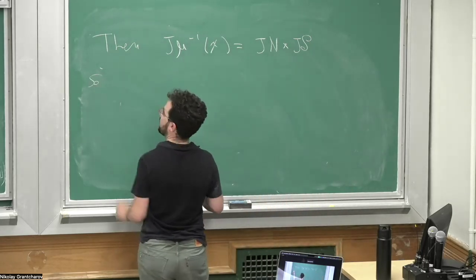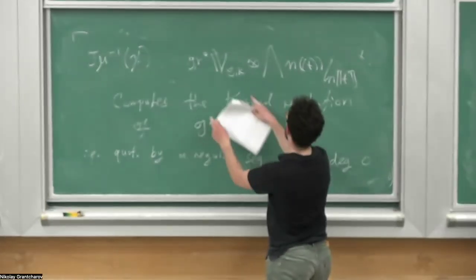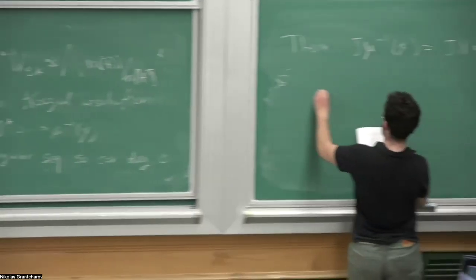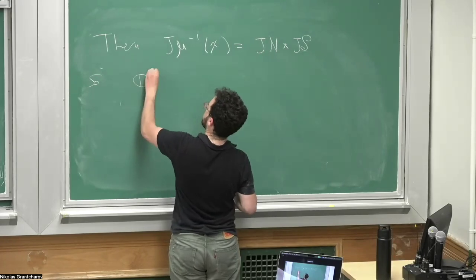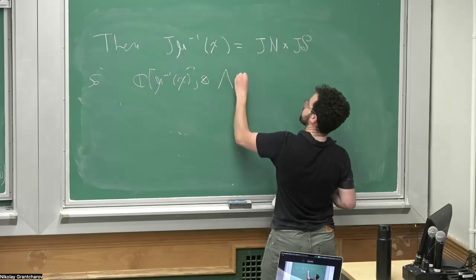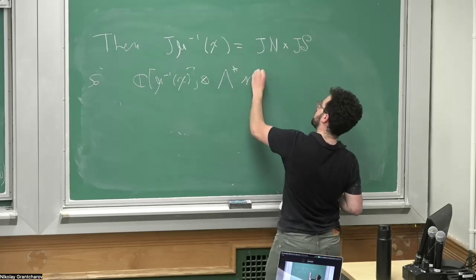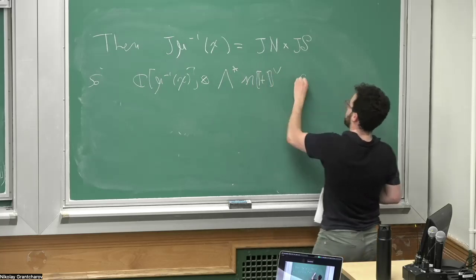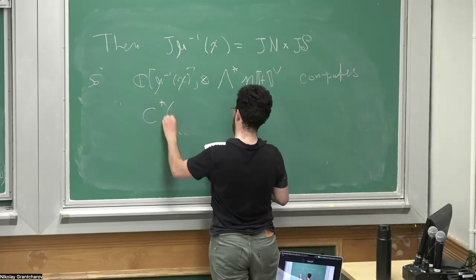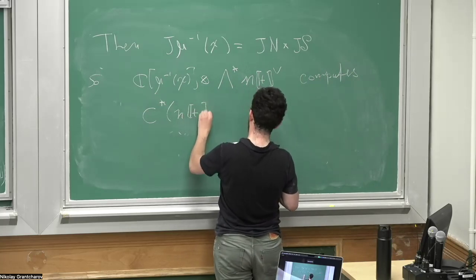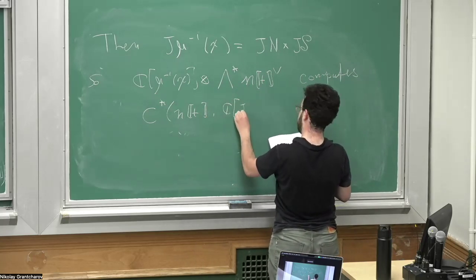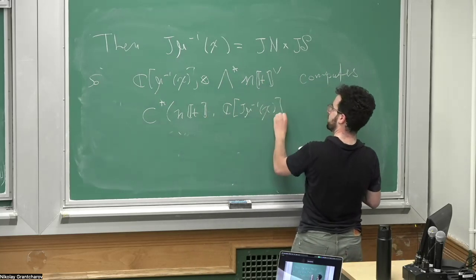So now we have functions on that tensored with the cohomological part, which computes the algebra cohomology of the inverse image of chi.